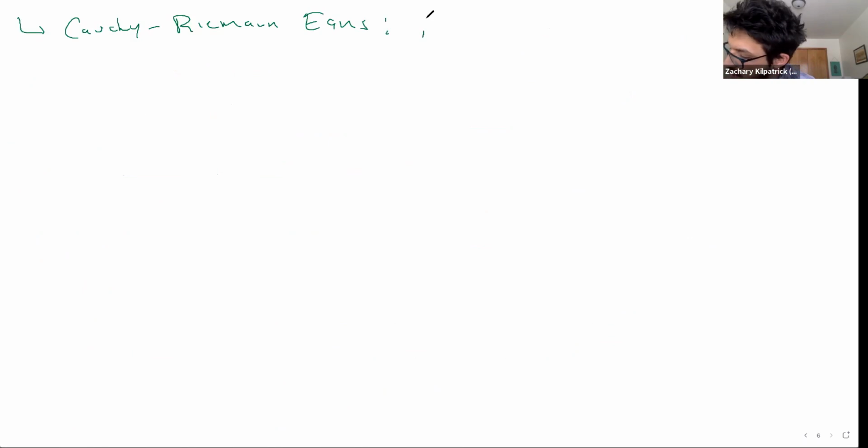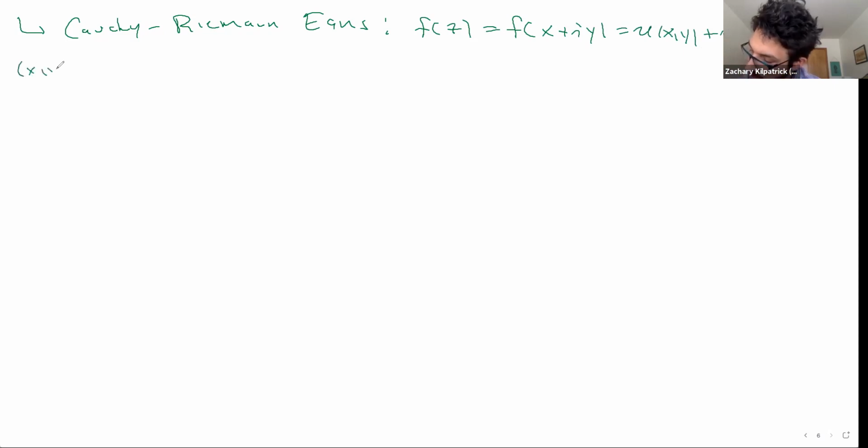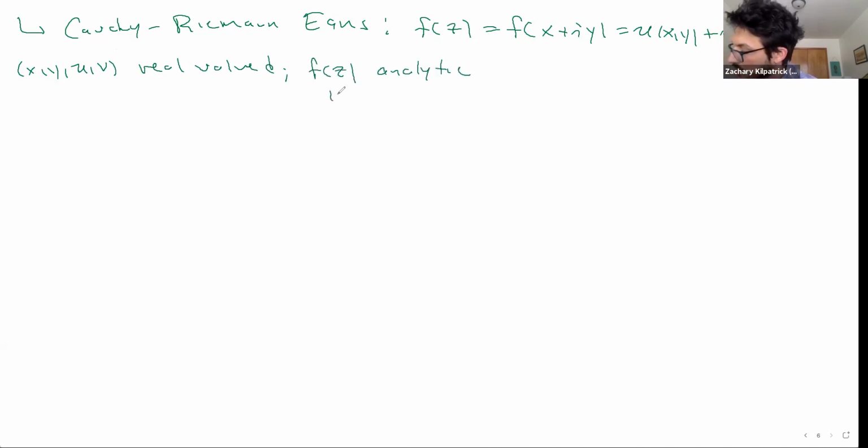What are these? It's a way to get you to harmonic functions in the complex plane. So if I have some analytic function f, a function of some complex number, I can write it as u of x,y plus i v of x,y. And x, y, u, v are all defined to be real valued. And as I said, I want f of z to be analytic in z.